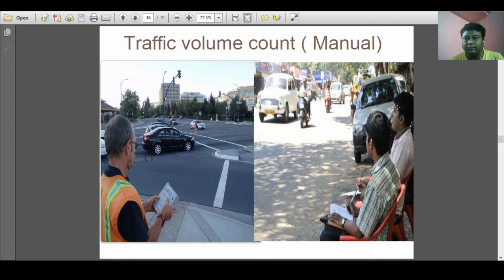This person gives direction on how many vehicles are moving straight and how many are moving right, and based on that the other person writes it down. But one thing you need to keep in mind, as I discussed, is that Indian road conditions have heterogeneous traffic.